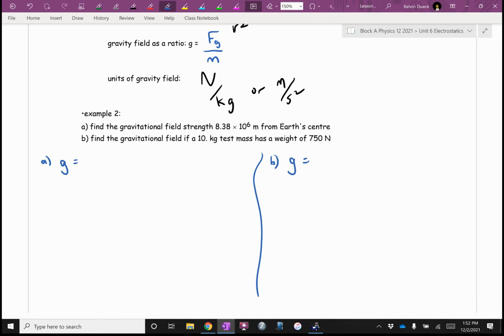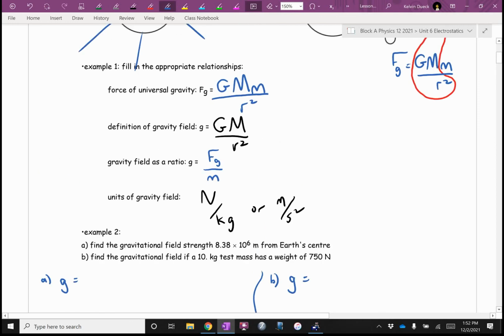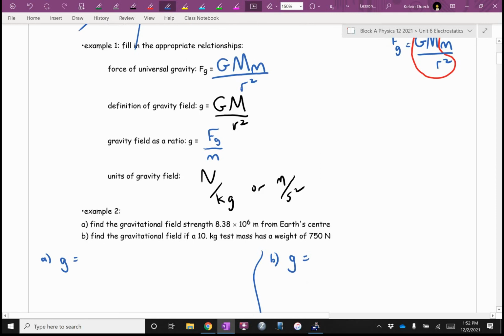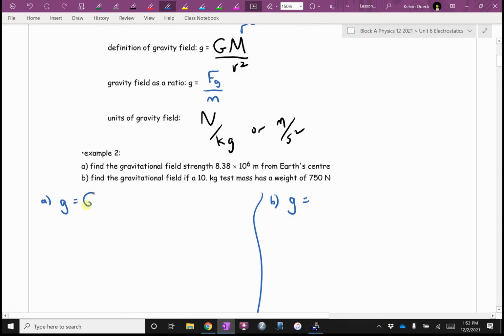How will I find little g in part A? Well, first of all, what are the units next to this 8.38 times 10 to the 6th? Which one of these two definitions for gravitational field has something that I would measure in meters in? That one. What's big M?